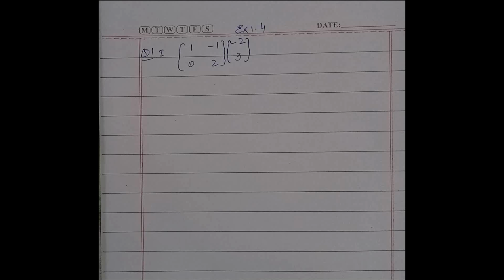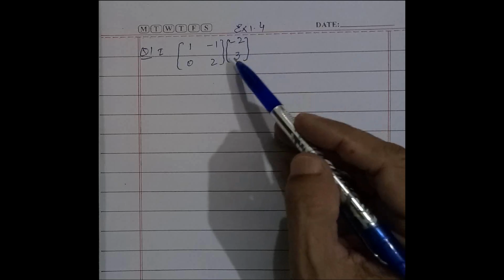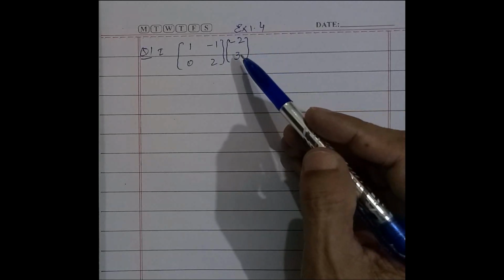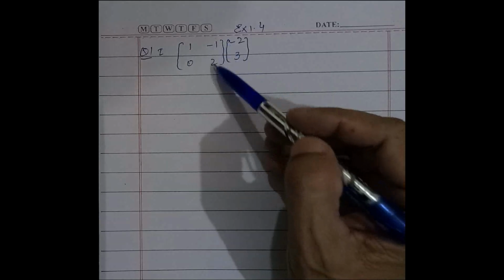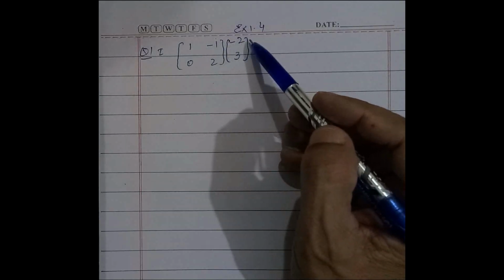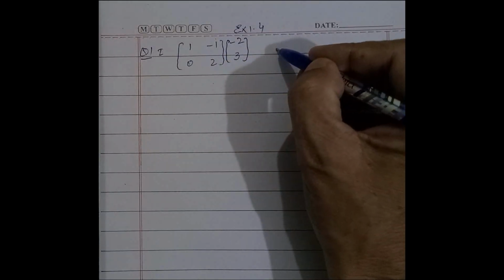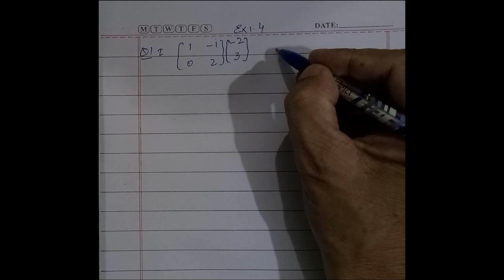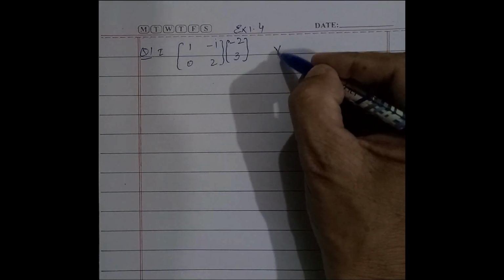We know that two matrices are called conformable for multiplication if the columns of the first matrix are equal to the rows of the second. Here the first matrix has 2 columns and the second matrix has 2 rows. They are the same, so this is conformable for multiplication, and we write yes.